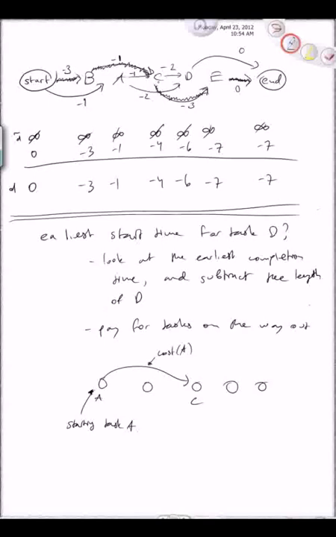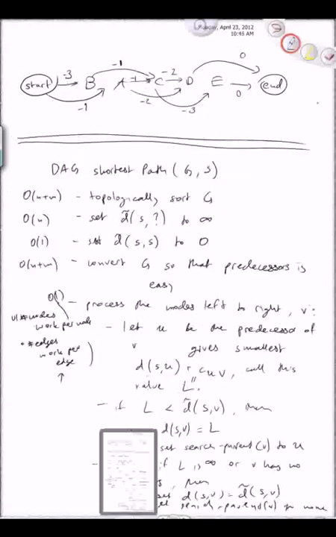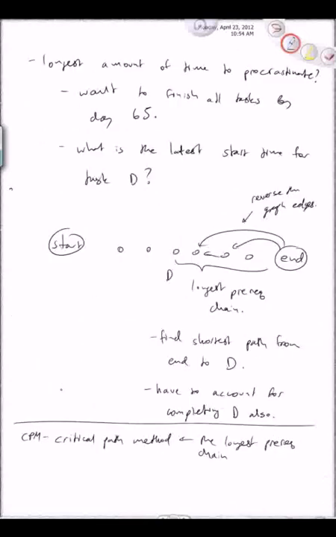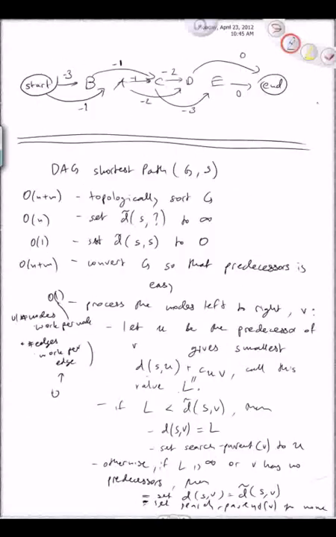For example, looking at this node C, for each of the edges coming into C, this edge is giving us a -2, this top edge is giving us a -4, and the minimum of that is -4. So for each edge, we had to compute what the value of the predecessor from that edge was. That took O of 1 time. And so overall, this entire loop takes O of n plus m time.